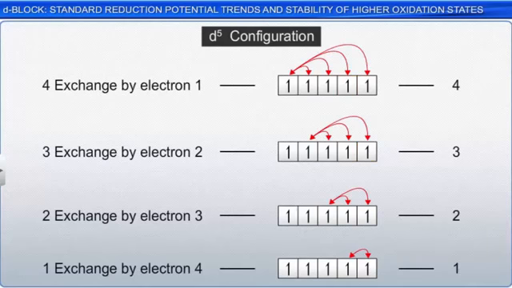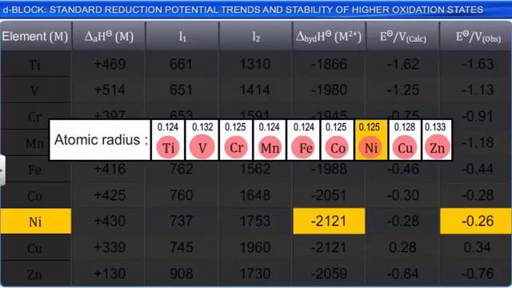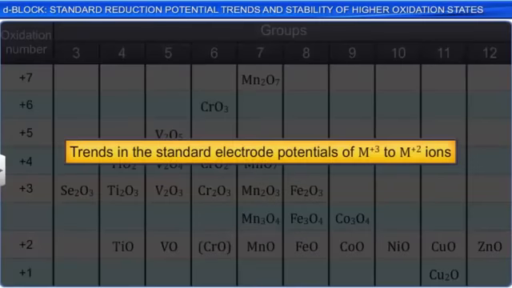The electrode potential for nickel is related to the highest negative hydration enthalpy corresponding to its smaller radius. Now let us look at the trends in the standard electrode potentials of M+3 ions to M+2 ions.